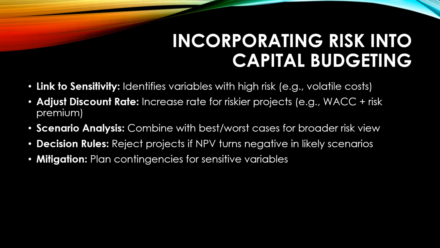We can adjust the discount rate to reflect risk and test extreme scenarios. If the NPV goes negative in a really realistic case, we rethink. We also need to plan backups to manage and mitigate risks to show positive outputs for our stakeholders.